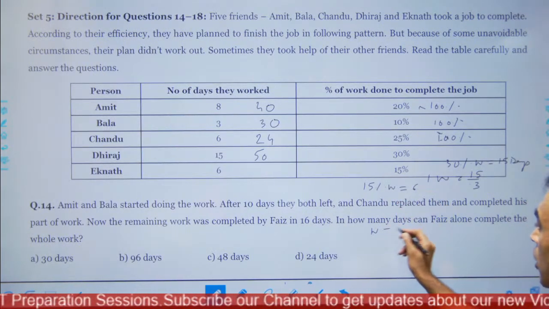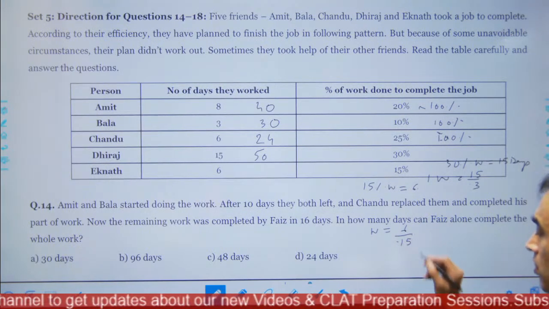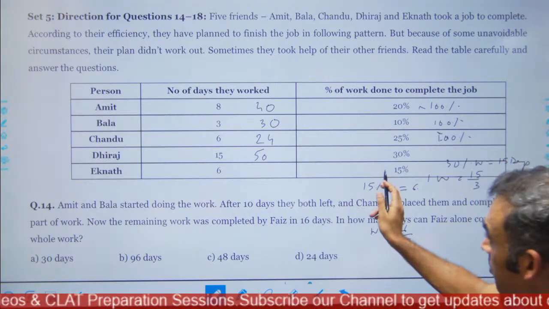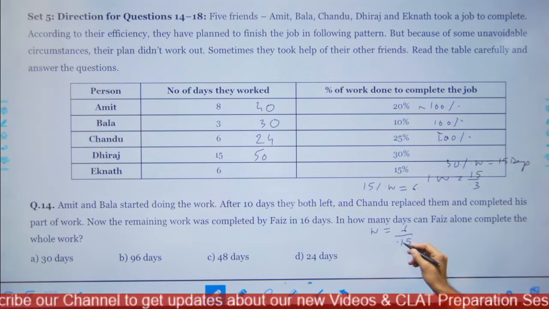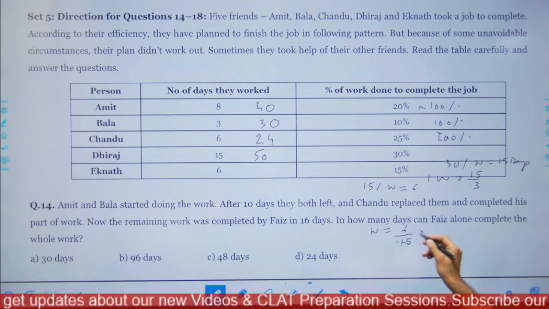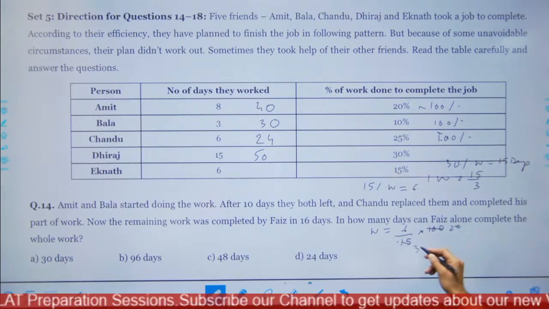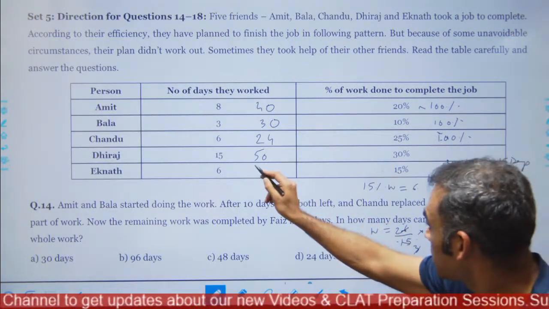So one work will take how much? 6 upon 0.15. 15% of work takes 6 days. तो ये कितना हो गया? 5 into 3 ज़ा ये 100 हो गया यहाँ पे. So 5 into 3 ज़ा 5 into 20 ज़ा 3 into 2 ज़ा, तो ये हो जाएगा 40 days.